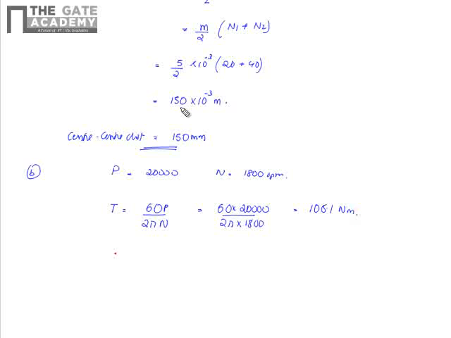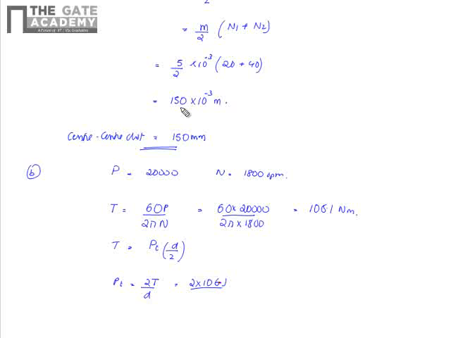So what will be the force transmitted? We know torque transmitted is equal to force transmitted into D by 2. So here D will be how much? It will be 20 into 5, because the force is transmitted by the pinion. So Pt will be given as 2T by D, equal to 2 into 106.1 divided by D, where D is the diameter of the pinion.